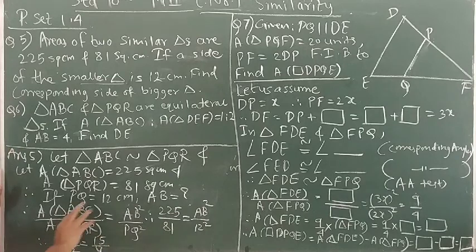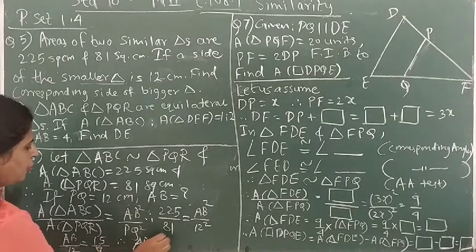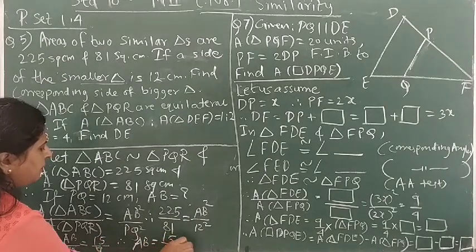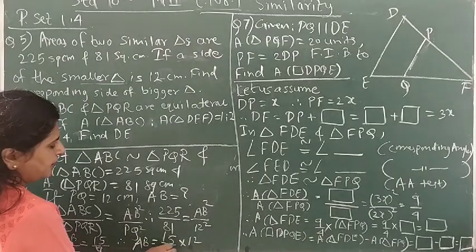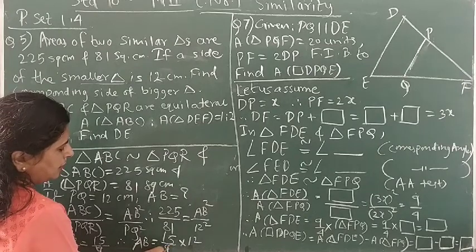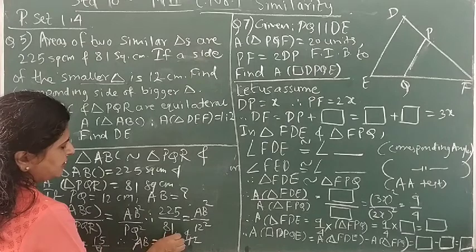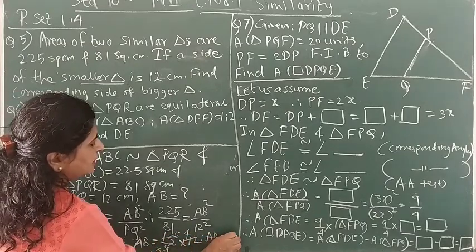So taking square roots of both sides we have done, and now therefore AB we can get as 15 upon 9 multiplied by 12. This 12 will come as multiplication. So now let's simplify these numbers to get AB. 3 3s are 9 and 3 4s are 12. 3 1s are 3, 3 5s are 15. So 5 into 4, therefore AB is going to be 5 4s are 20.